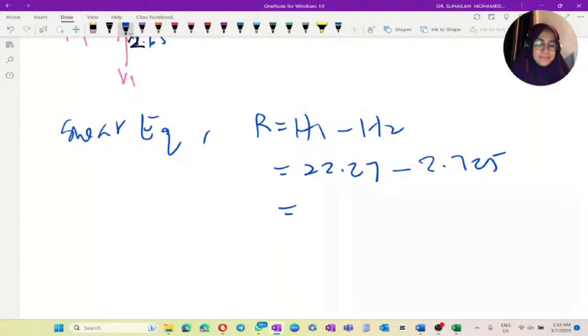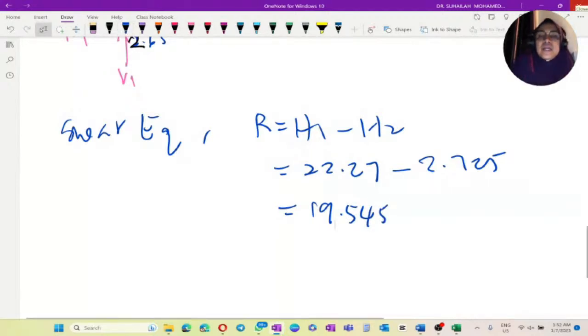So we get 22.27 minus 2.725, and we get 19.545 kilonewton.